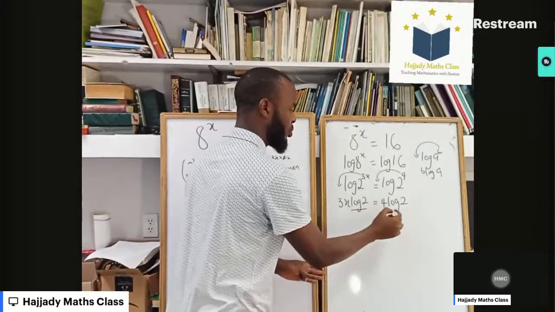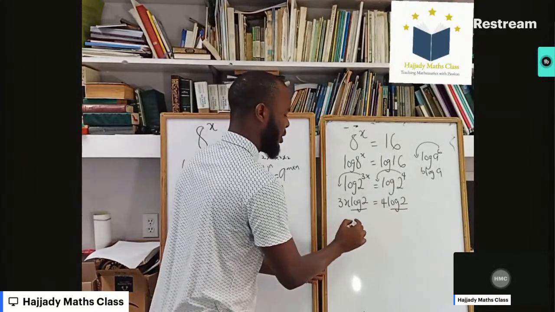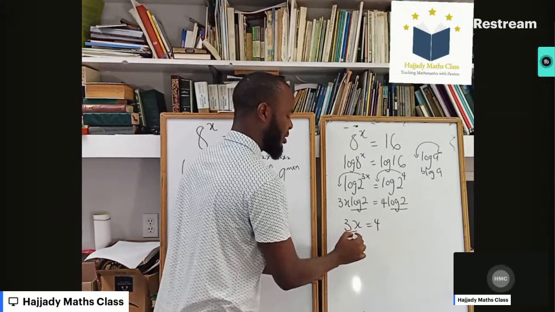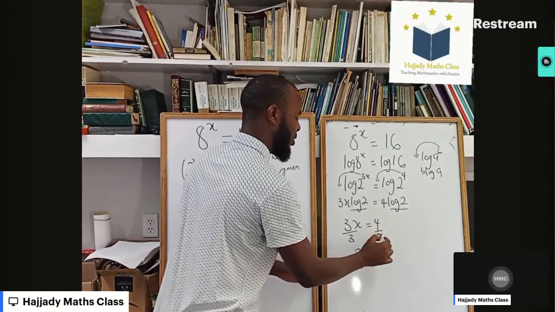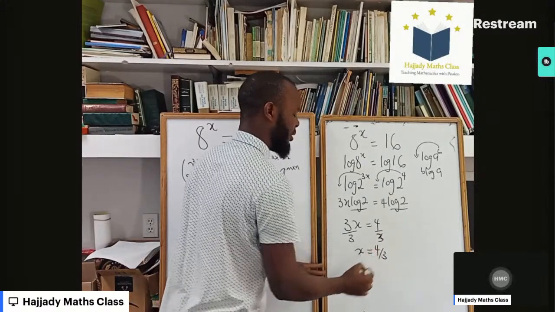So since we are having log 2 on both sides, it can cancel out, whereby I'm going to have 3x equals 4. Dividing both sides by the coefficient of x, which is 3, then my x can be 4 over 3.